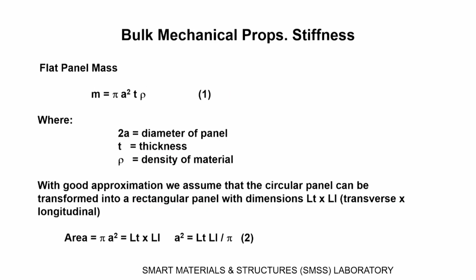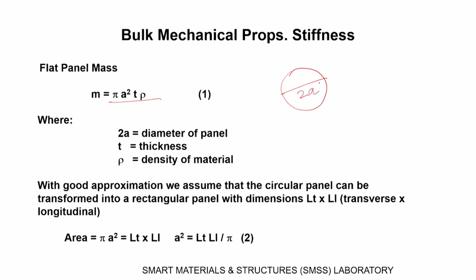Now, if I look at these from a material index point of view, let us take a flat panel. Okay. If I take a circular panel, then I can write this as the mass pi a square t rho, okay, where 2a is the diameter of the panel.